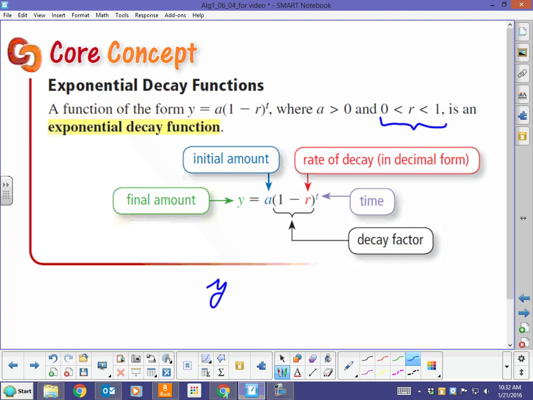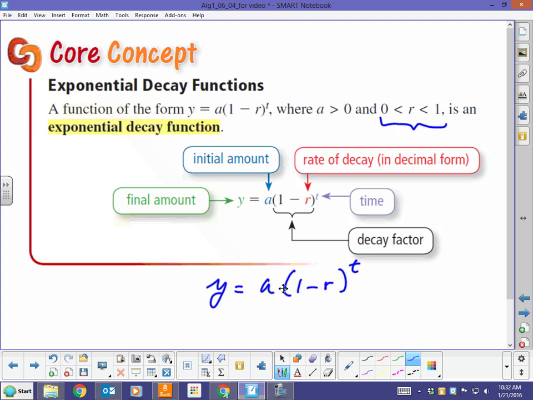So let me write this a little bit clearer for you again. 1 minus r, that whole thing is a decay factor, and t is time again. So the rate of decay in decimal form has to be between 0 and 1. It can't be greater than 1, otherwise this thing would be negative.